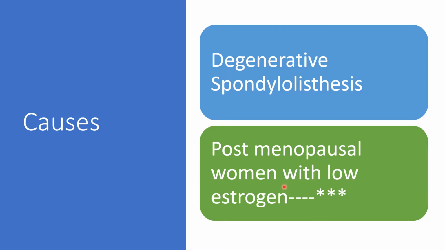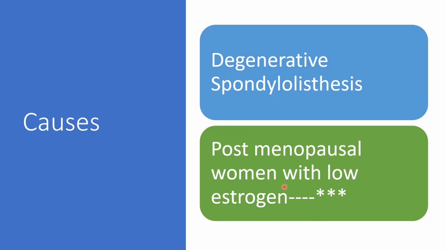The ligaments will become loosened and then there will be spinal instability. With or without spinal osteoarthritis, the spinal instability will lead to one vertebra slipping over the other. The one above will slip over the one below, then leading to back pain.